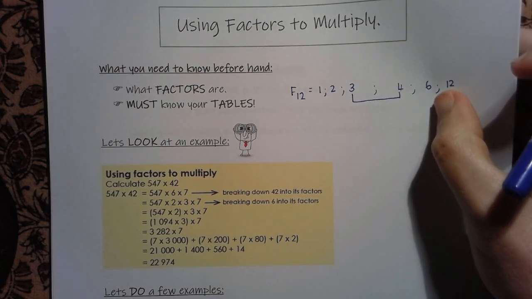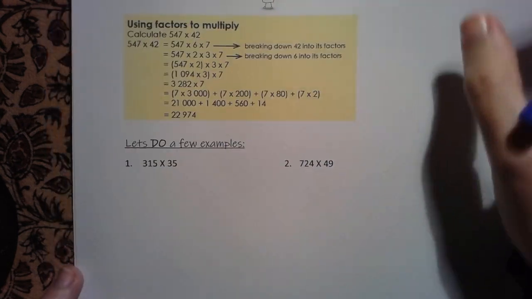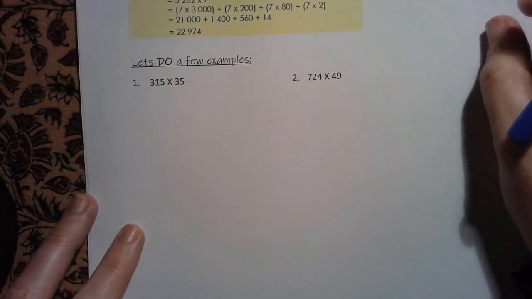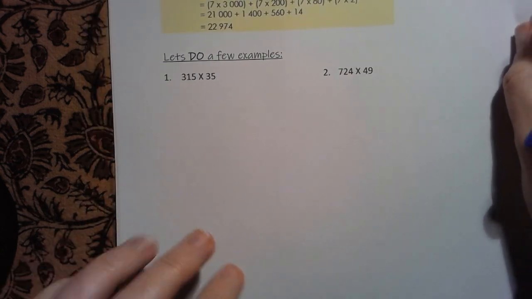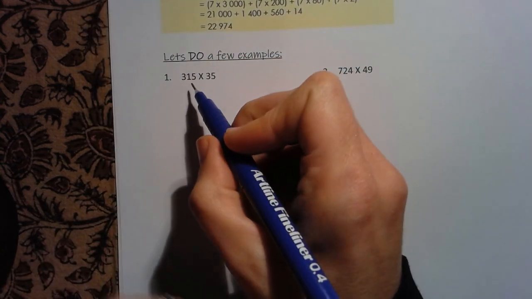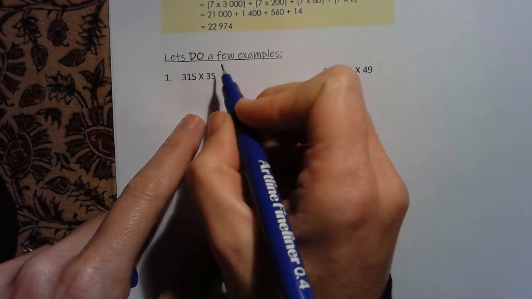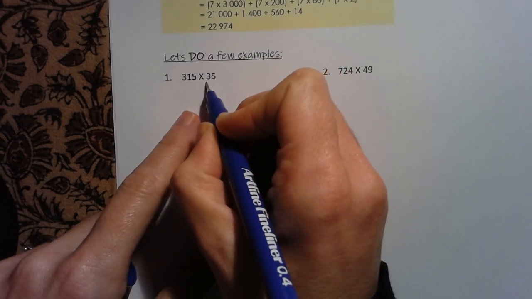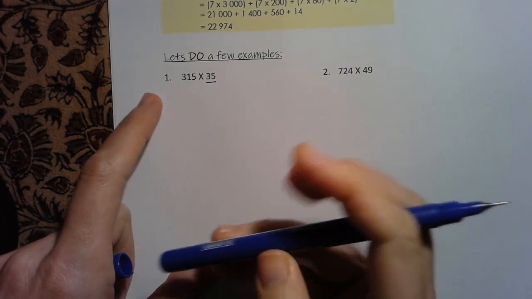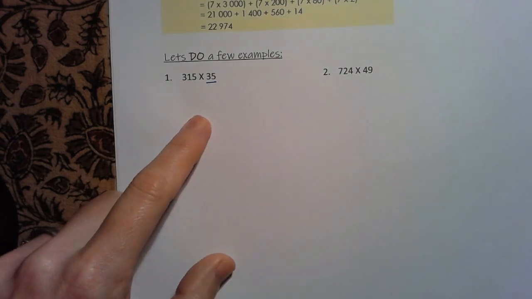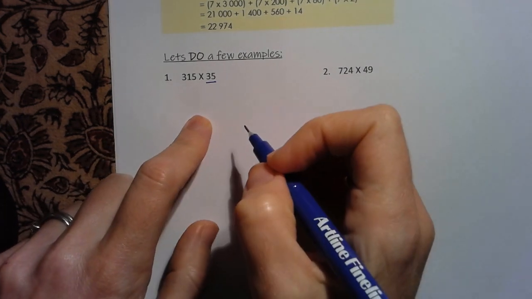Okay, so let's look at examples I have here ready for you. Now we have 315 times 35. So I must break up this number, the 35, into factors. What multiply with what equals 35?